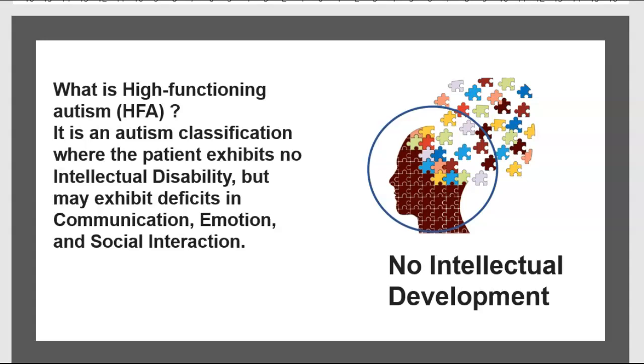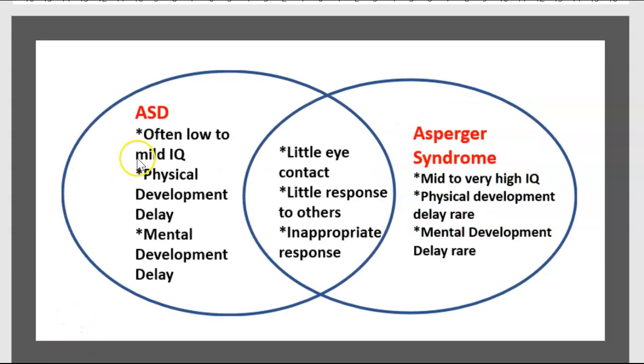If we make a parallel between autism and Asperger: autism often has low to mild intellectual quotient, physical development delay, and mental development delay.